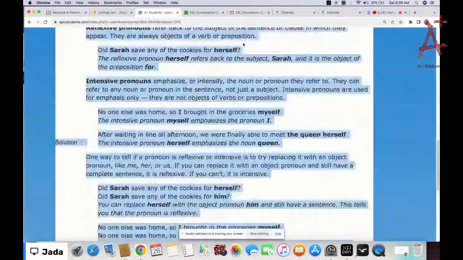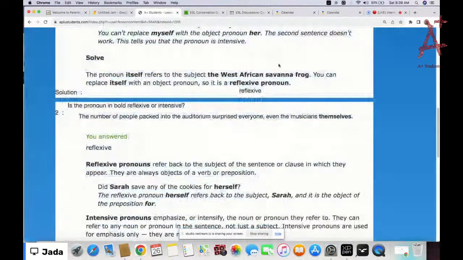So we can look at this, right? Can we replace themselves with any other thing? Because if we cannot replace it with anything, then it is intensive. But reflexive is when you can replace it with another thing and it still makes sense. So now the number of people packed into the auditorium surprised everyone, even the musicians.